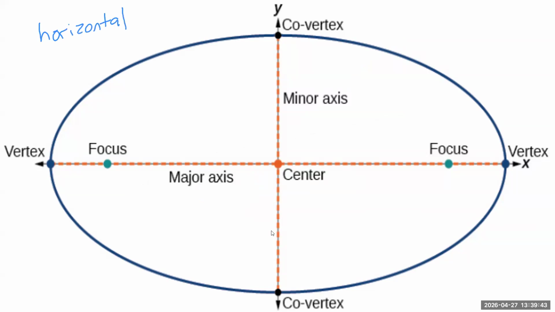You'll notice on your formula sheet you have horizontal and vertical ellipses. This one's horizontal. See, it's wider than it is tall. If it was a vertical ellipse, it would be taller than it is wide. If it was vertical, then the vertex and the focus would be going up and down, and the covertex would be on the left and right of those points. Still got our center in the middle.